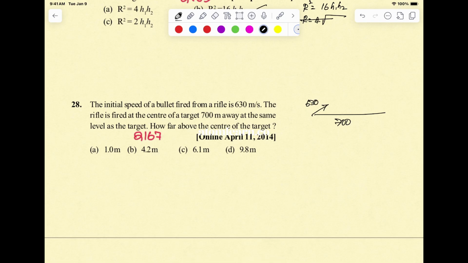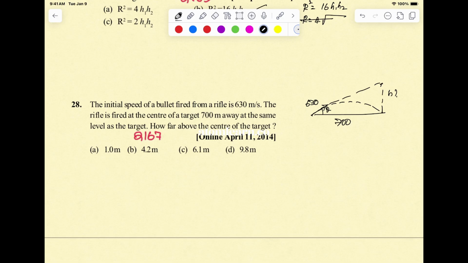How far above the center of the target must it be aimed? This is a typical question like this, very similar to what we have solved a little bit earlier. What is this height h? This angle is theta. Initial speed of the bullet is 630. How far above the target should it be aimed to hit the center of the target?